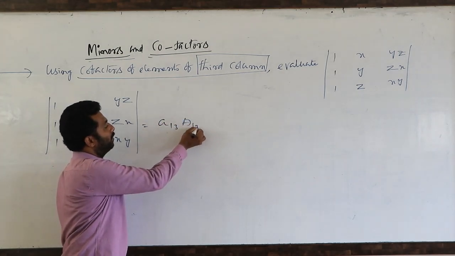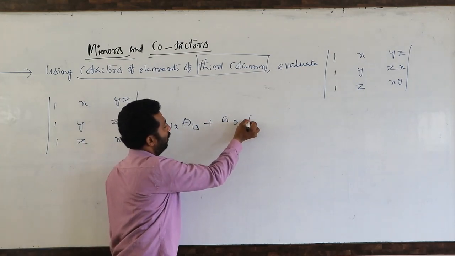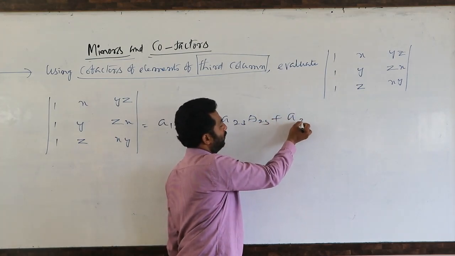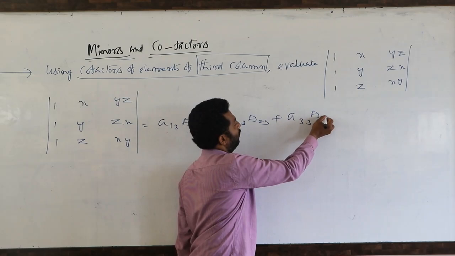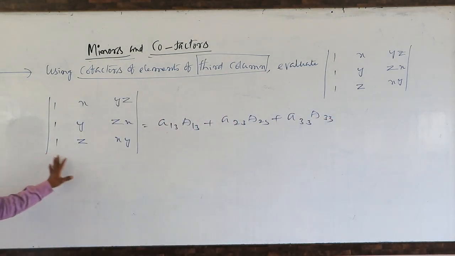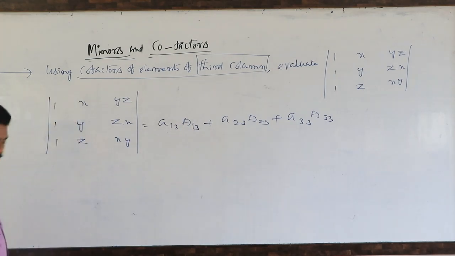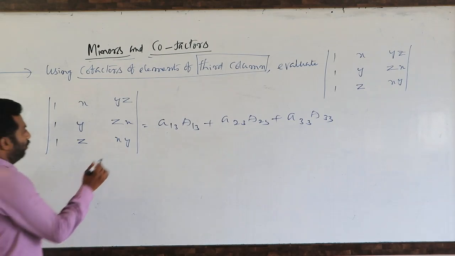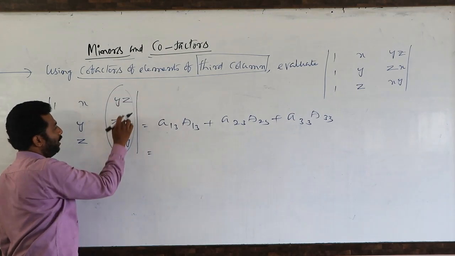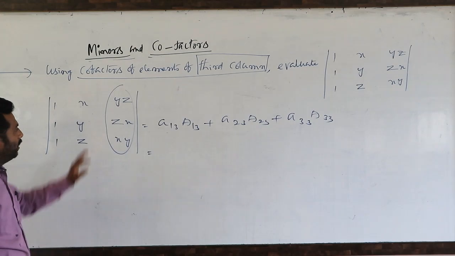A13, capital A13, plus A23, capital A23, plus A33, capital A33. This is the expansion of the determinant along the third column, with the corresponding cofactors A13, A23, A33.